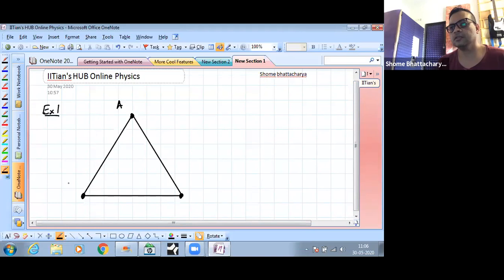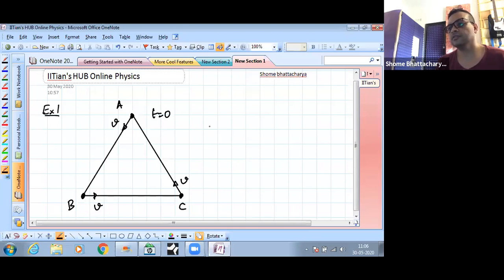Say A, B, and C, and they start at t equal to 0, precisely with velocity such that they are all chasing each other. So initially the velocity is like this.